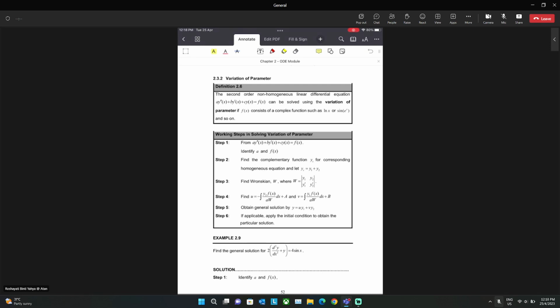Tengok, tu yang tak syok ni. Oh, tak ada rupanya. Khairul Akmal. Hari ni berapa bulan? 25.